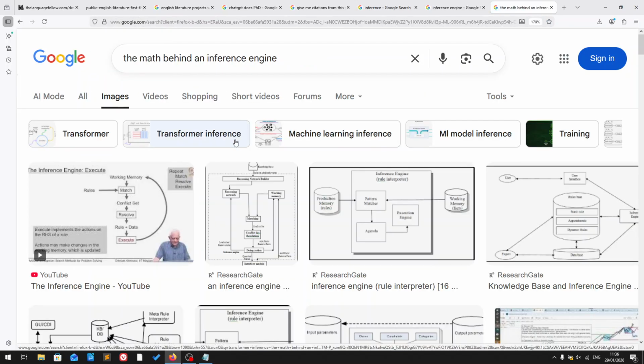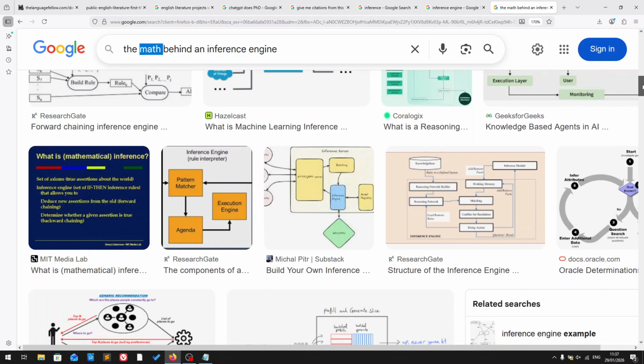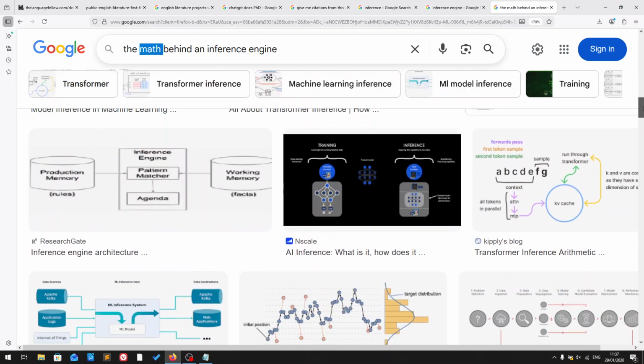That's a recurring thing that you observe in my videos. I keep talking about the math behind these things, and this is mathematics at a forward chaining inference engine and mathematics at bachelor's master's level.